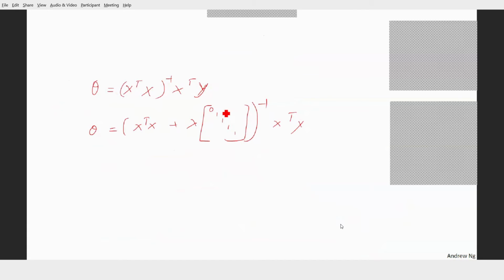Can somebody tell me what should be the dimension of this matrix, based on what we have done in our previous class?